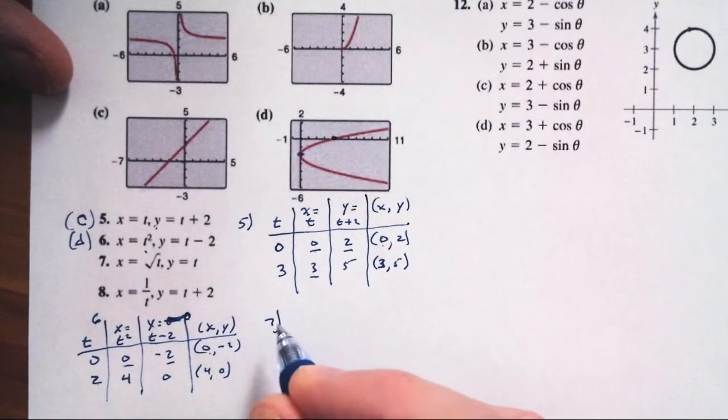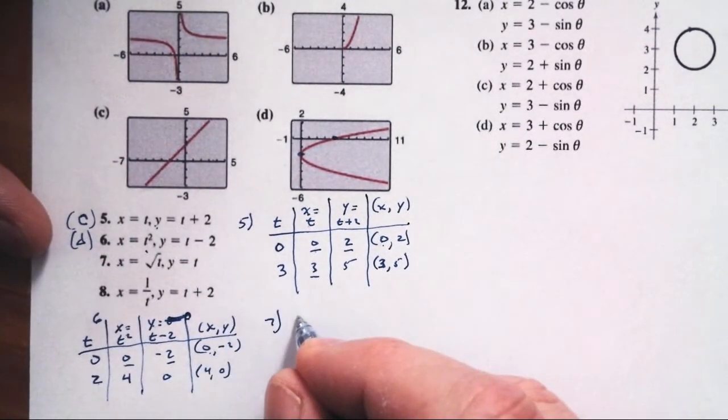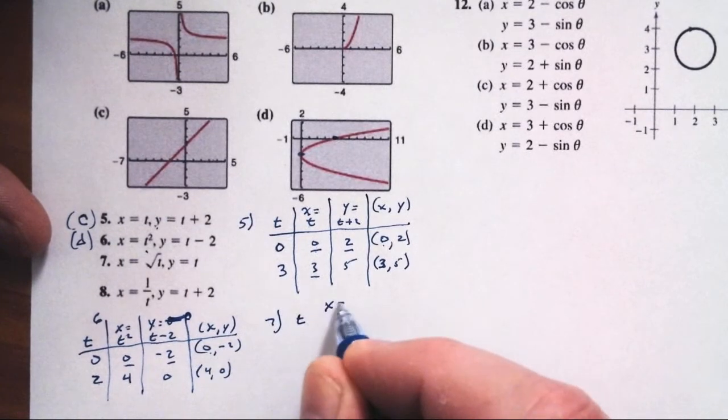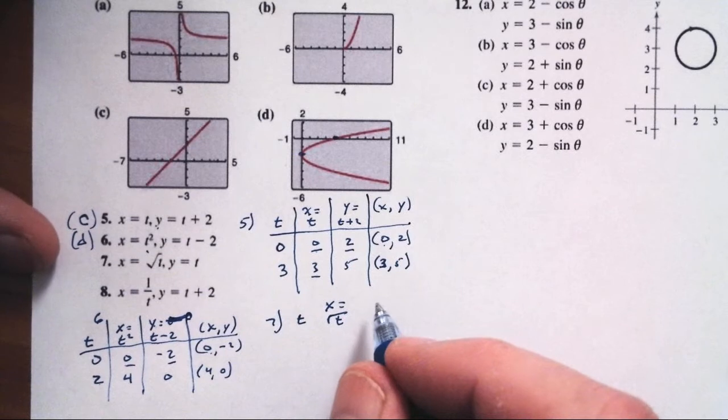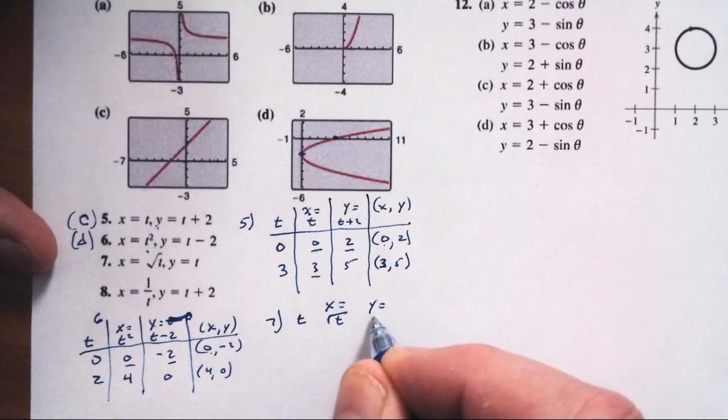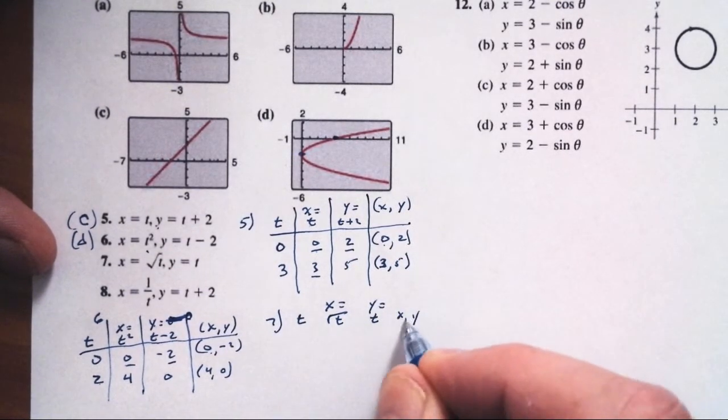For 7, we're going to choose a value for t to figure out that x is square root of t and y is equal to t, and get our xy's from there.